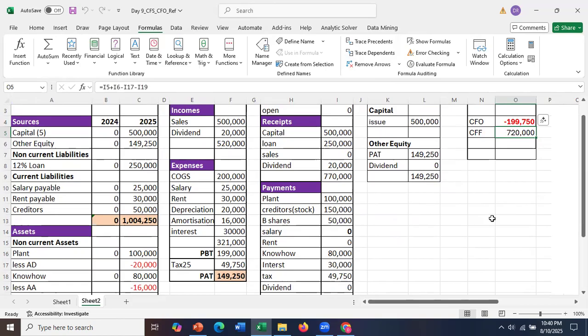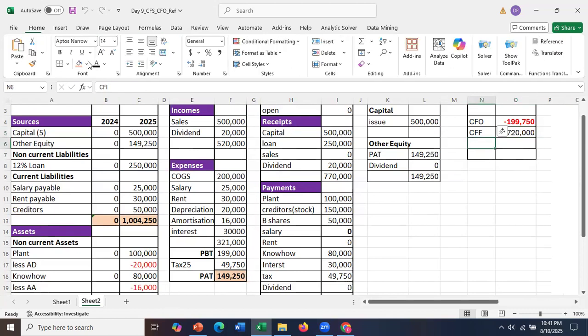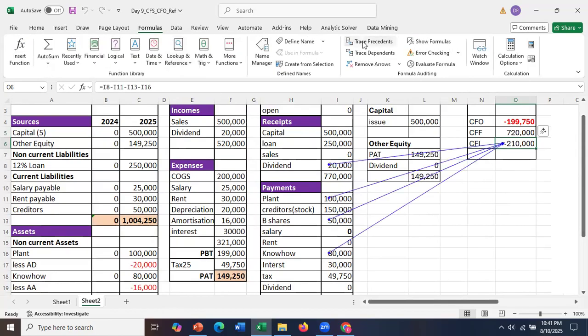Operations have not started giving cash yet, though there is a profit. One thing is very clearly visible. CFO is negative to a large extent because of credit sales. Now let us see CFI. It's a new business, and as a new business, we can expect negative CFI.